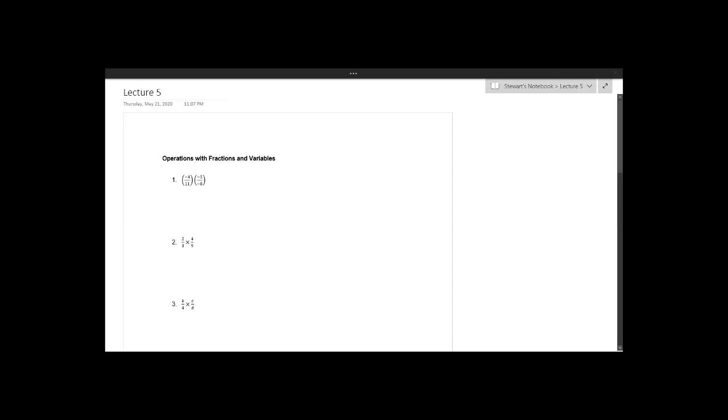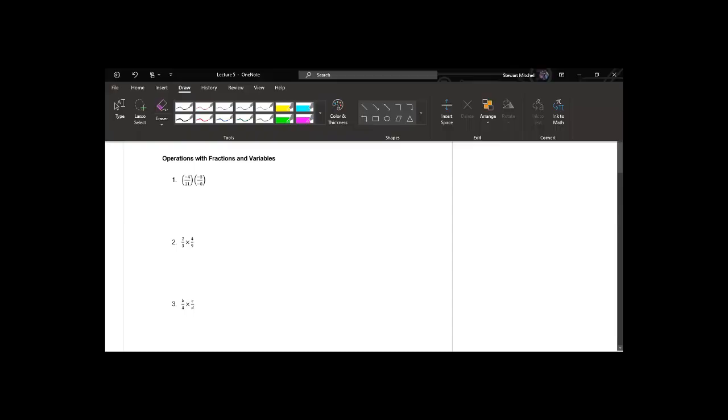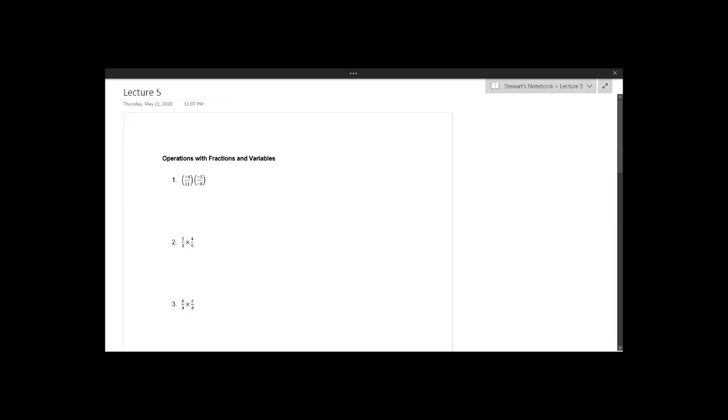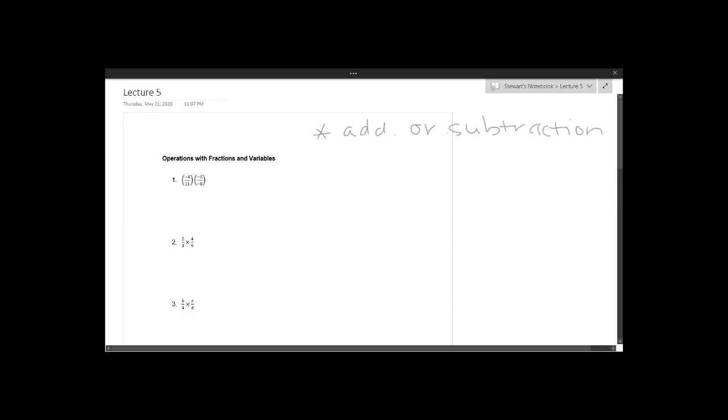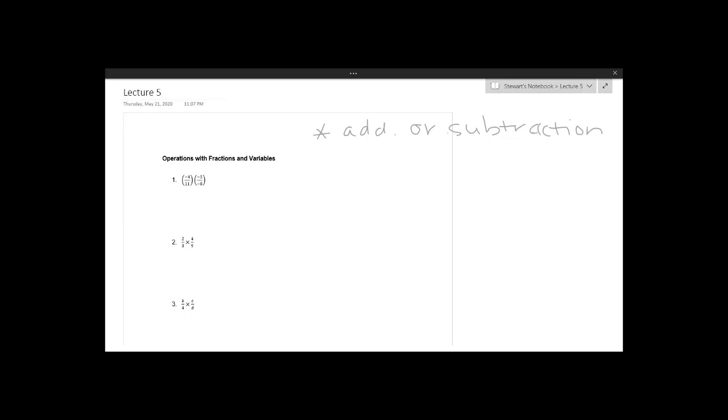Okay, so the first thing we can talk about here is addition or subtraction, because even though they're different operations, they go together. In terms of fractions, it's relatively the same process.